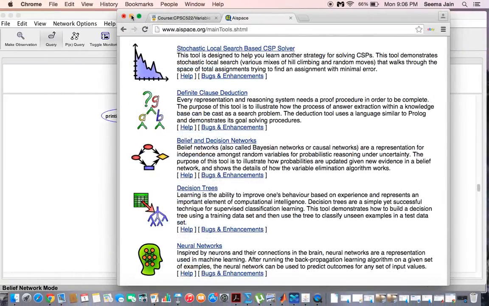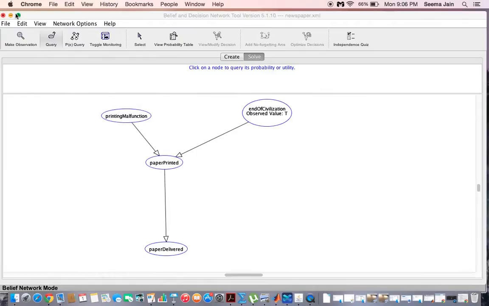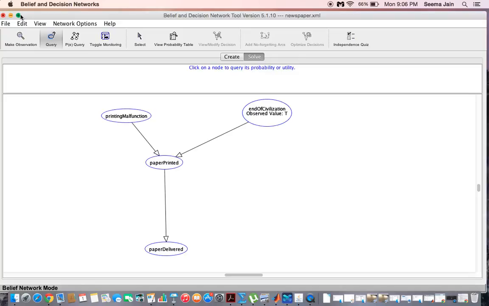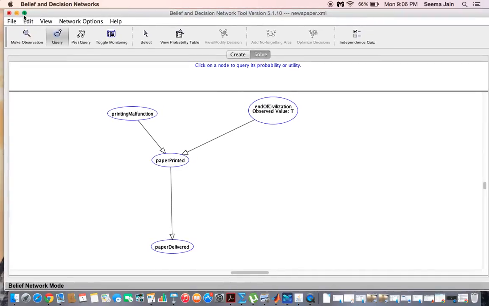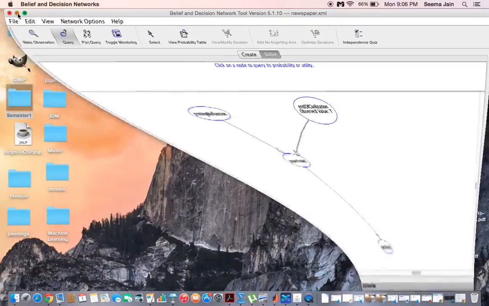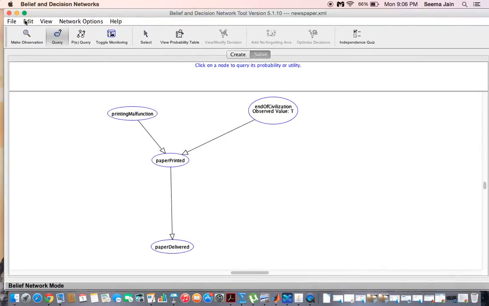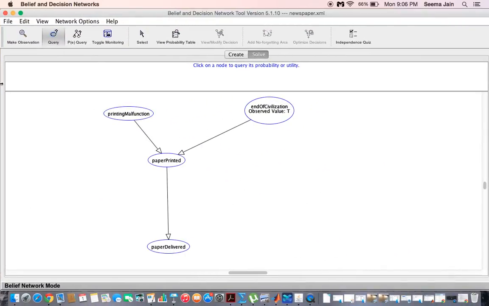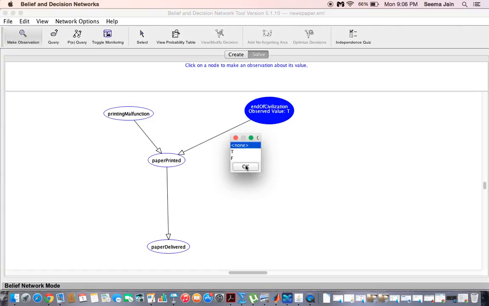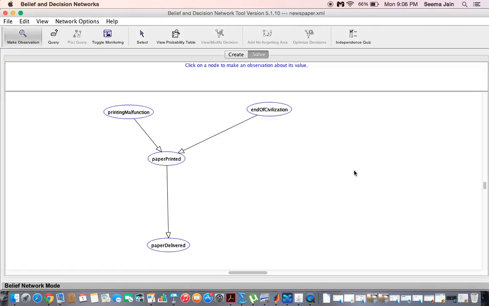So let's have a look. So this is the belief network that he comes up with. Okay, so this is our belief network.